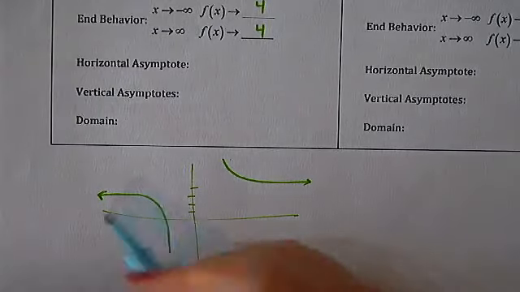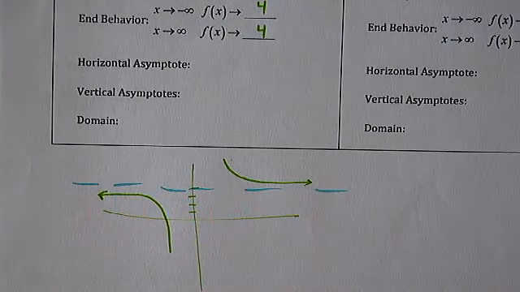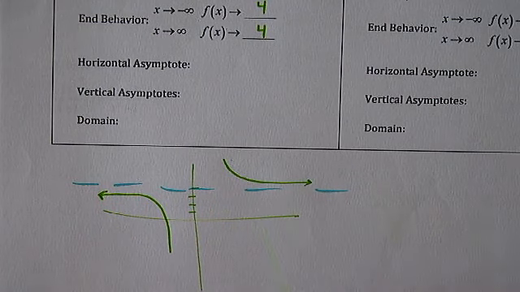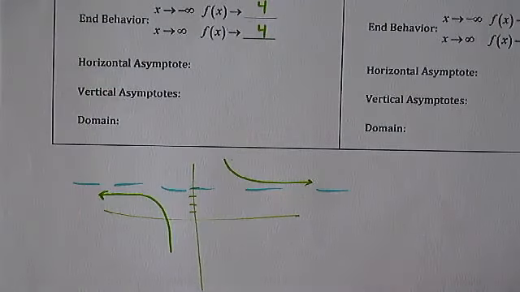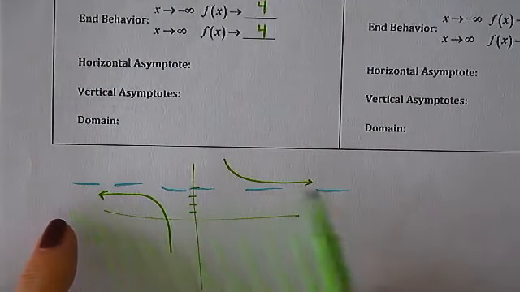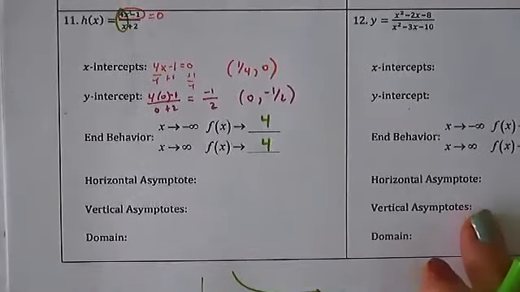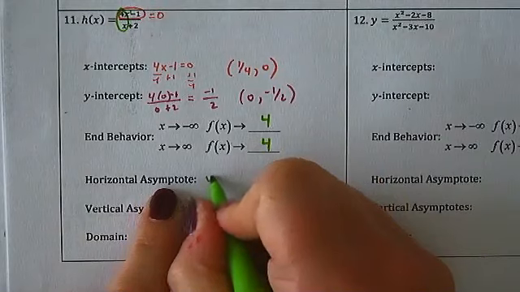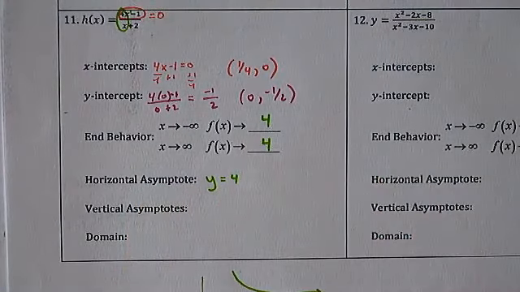Doesn't that mean that we have a horizontal asymptote at 4? We talked about this in 4.3 as well. I do want you guys to write it like an equation, just like we did vertical asymptote. Horizontal lines are y equals a number. So for this horizontal asymptote, it's going to be y equals 4.